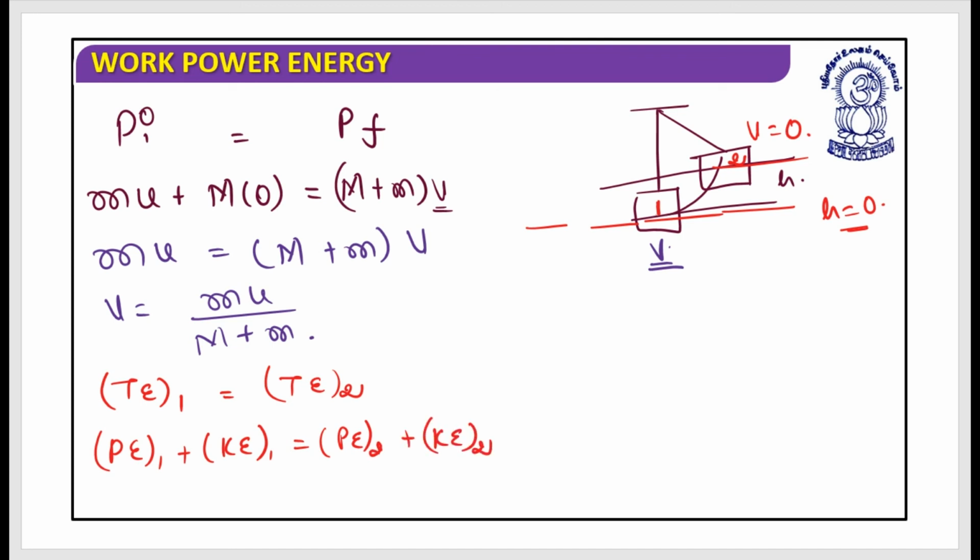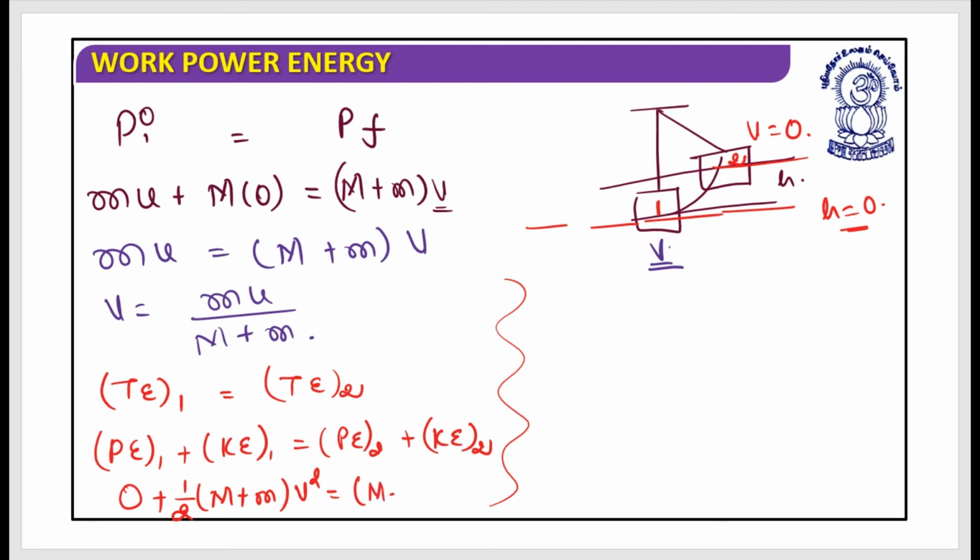So let's do it very carefully. The potential energy of the first is 0. Why? Because this has been taken as reference. Kinetic energy of the first is half into (m plus m), because both are having velocity v, into v square.